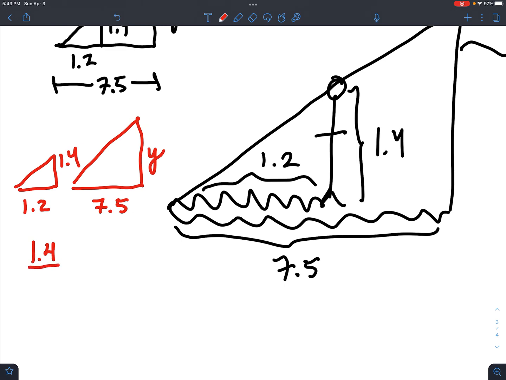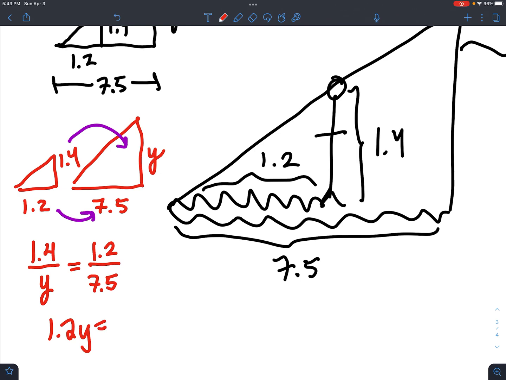So I know that the vertical segment is some proportion with this, and it has to be the same proportion of when I take the small bottom to the big bottom. It's basically saying, this goes to this goes to this, and I know those ratios are the same because they're similar. So what you can do is solve this.